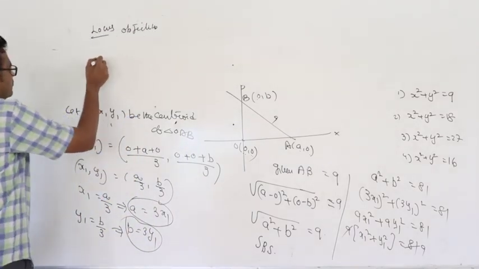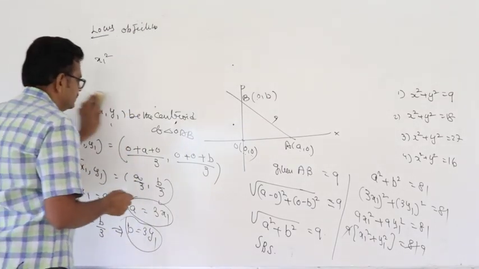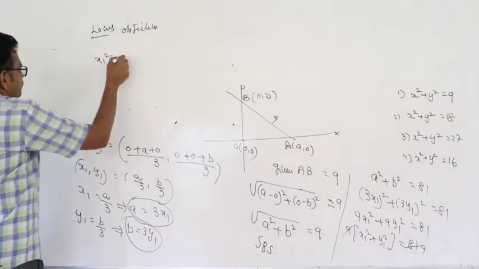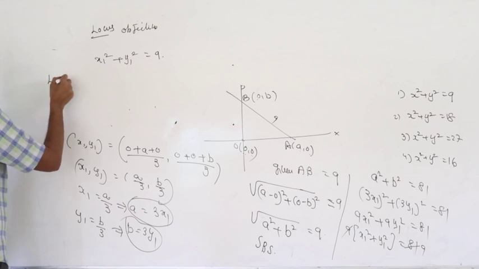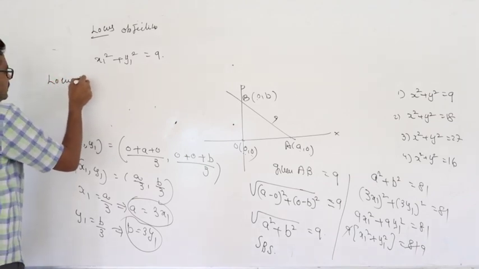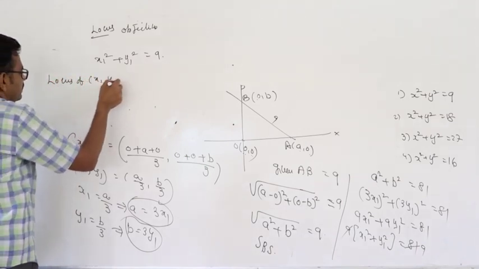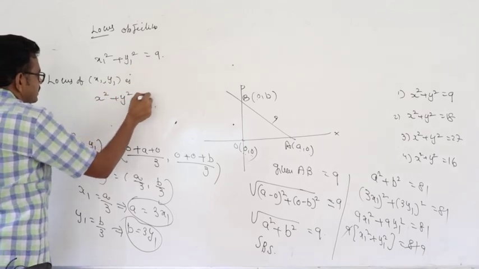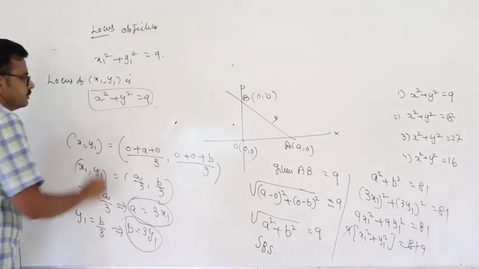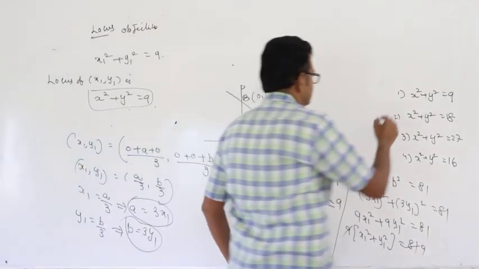Therefore, the locus of x1 comma y1 is x square plus y square is equal to 9. So, first option is correct.